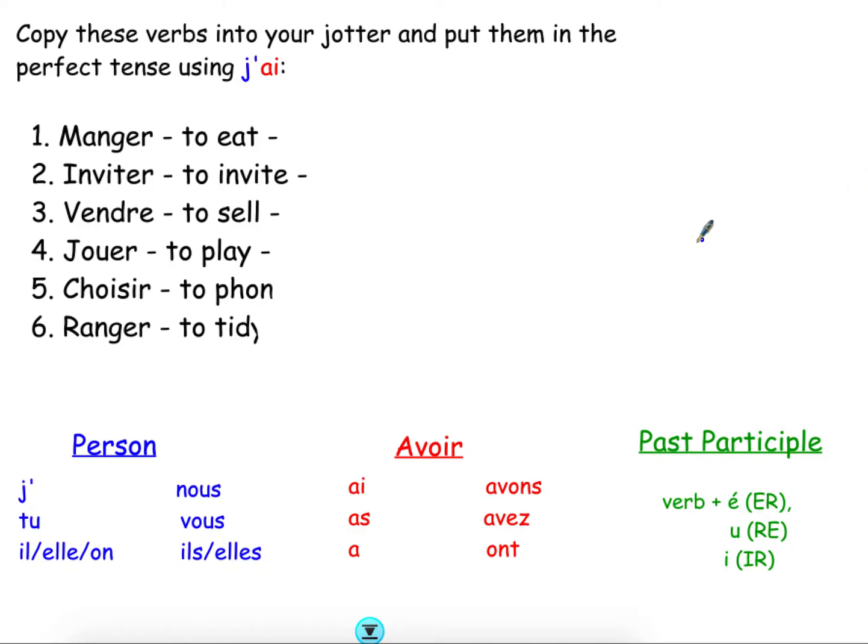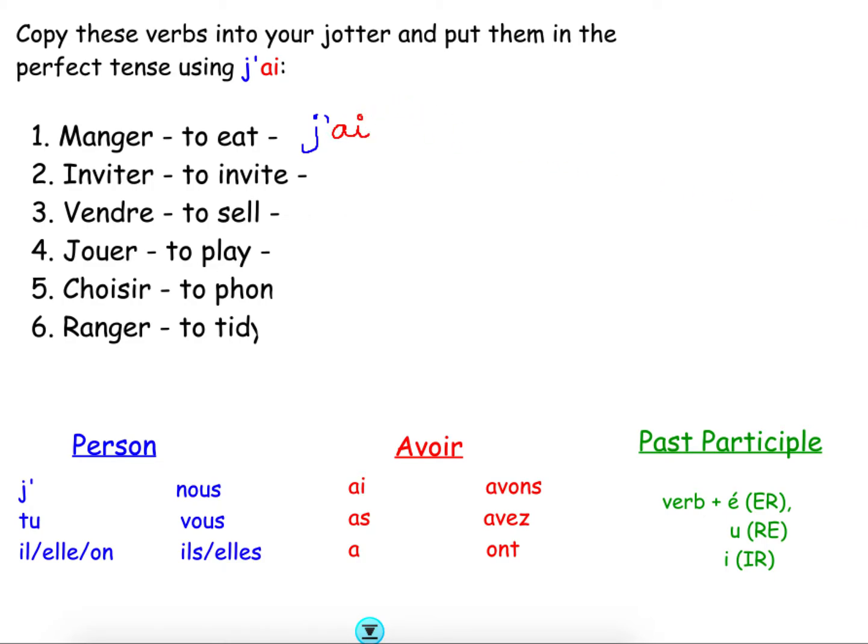So, helpfully at the bottom, we've got all of our people, avoir, and past participles there. So, we start with je. And remember, we need to add this part of avoir on next. So, we need an apostrophe because we can't have 2 vowels together. So, it becomes j'ai.